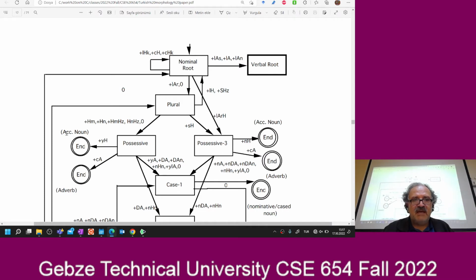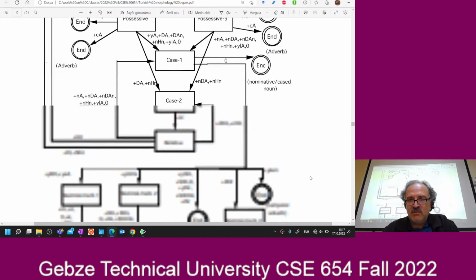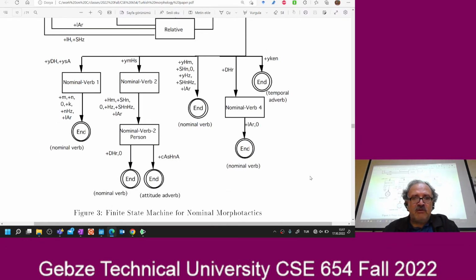So this is an accusative noun. Accusative noun is the ismin hali. Dative is also a hali. If you follow this route, you end up in the accusative noun. These are the adverbs, for the whole language: attitude adverb, nominal verb, etc.